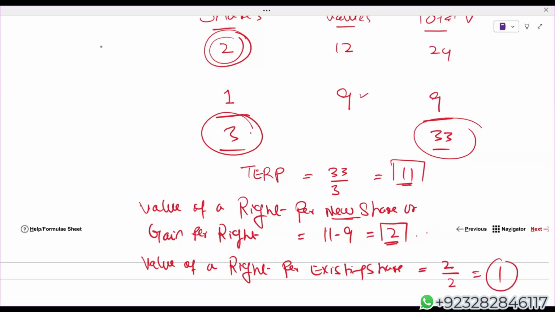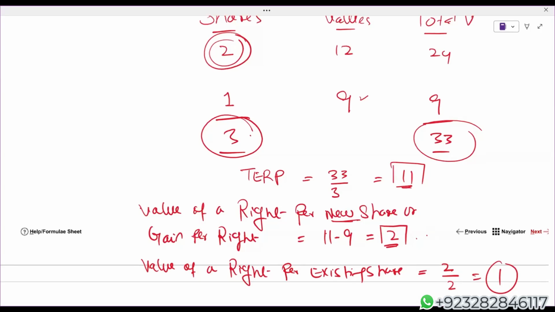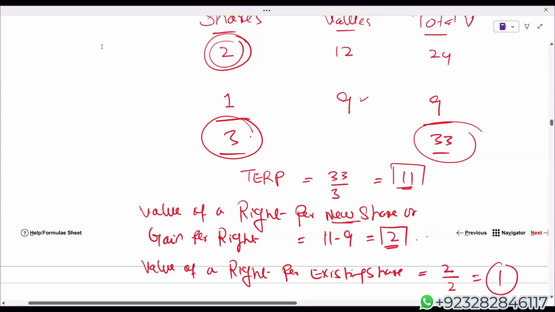So what is the benefit to me of dealing with this data? If you have a really good understanding of this calculation which I've just performed, then you can play with the figures. Let's say your examiner is asking you to give the theoretical ex-rights price.